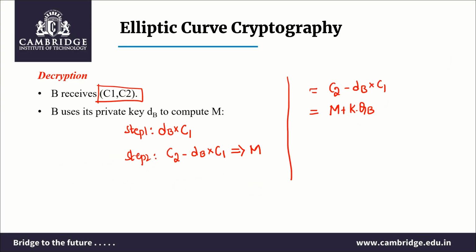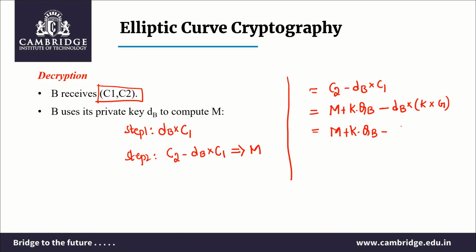And what is C1? C1 is nothing but K into G. So now we have M plus K into QB.